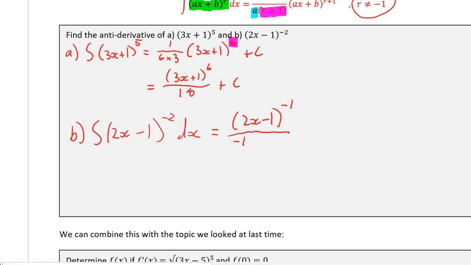Then I also divide through by the derivative of the inner function. So the inner function is 2x minus 1. The derivative of that is 2. So I just do times 2. Now, just in case you're a bit confused, when I say I'm dividing through by the derivative, but then I write times 2, the reason I'm timesing 2 is because there's already something on the bottom of the fraction.